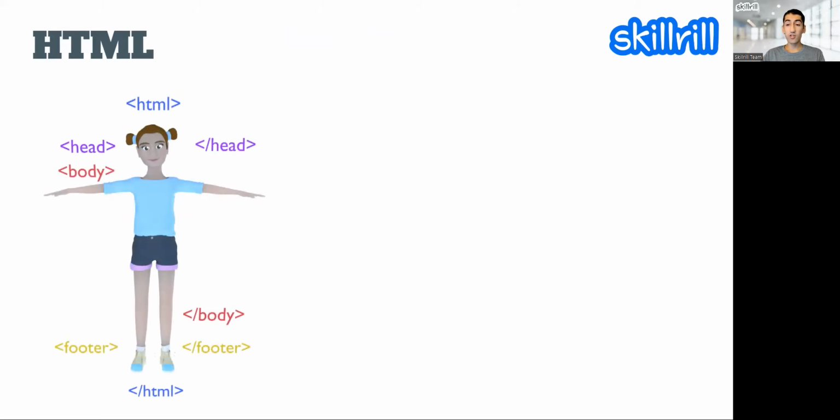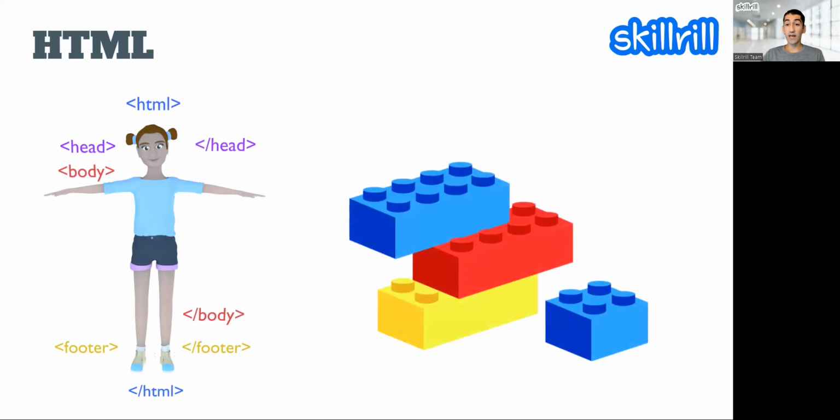It looks something like Lego blocks, actually, right? It starts with the HTML tag, and you might have seen that on the page from time to time. But it's actually hidden behind what you see, and I'm going to show you where that code is.